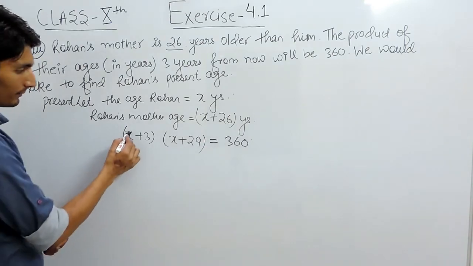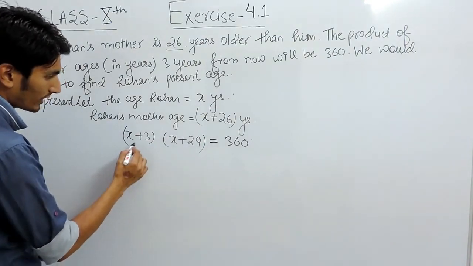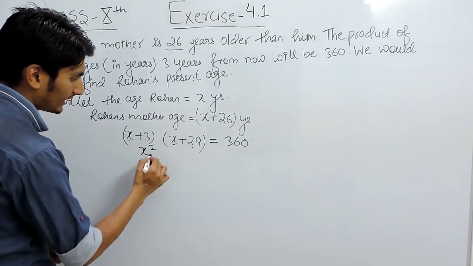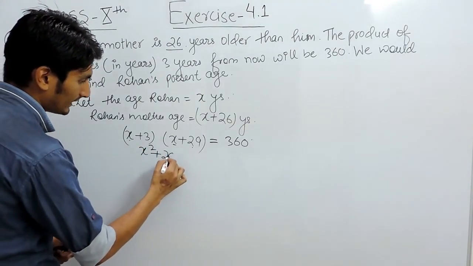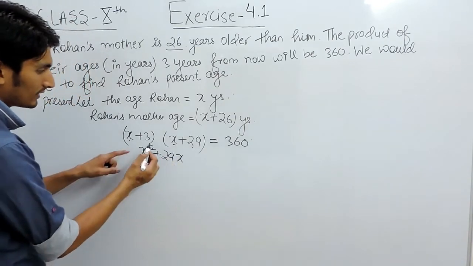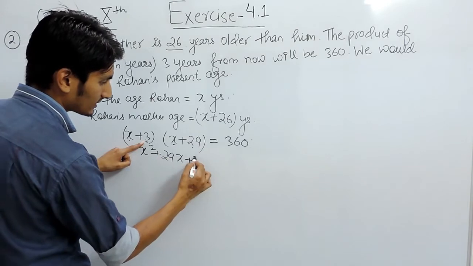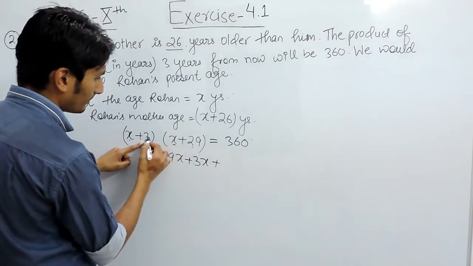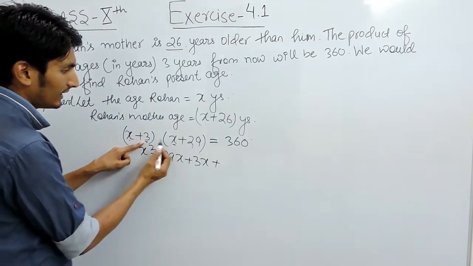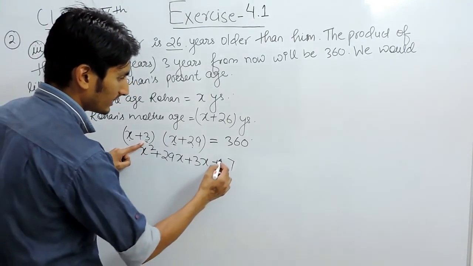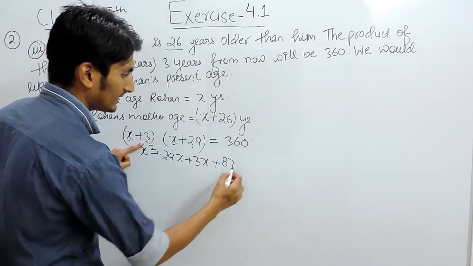Now you can solve. Multiply this x with both the terms, so x multiplied by x will become x square, x multiplied by 29 will become 29x. Now we have to multiply this 3 with both the terms, so 3 multiplied by x is 3x, and 3 multiplied by 29 is 87.